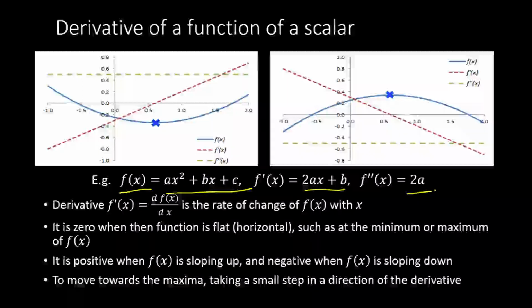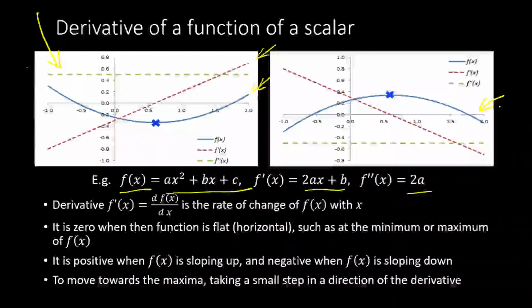What these tell us is that if this blue curve is the function f of x, then my derivative is going to be this red line, and my second derivative is going to be this horizontal green line that you see here. For the convex parabola this is the case; for a concave parabola, everything reverses its sign.